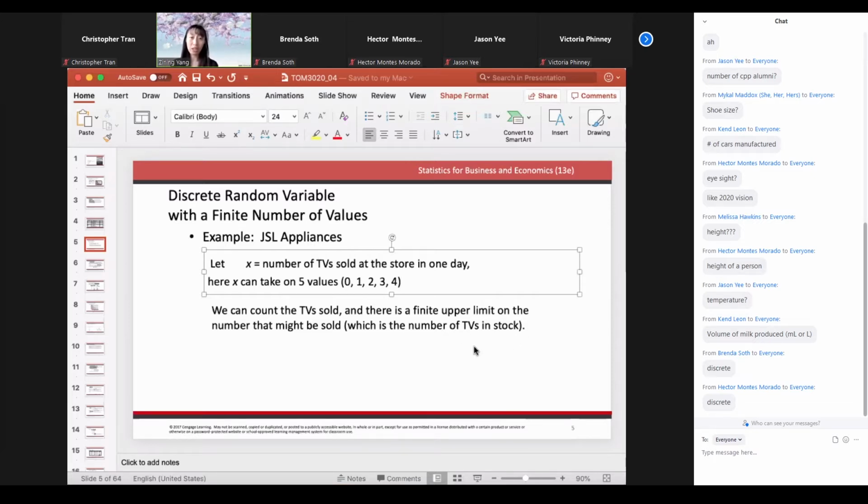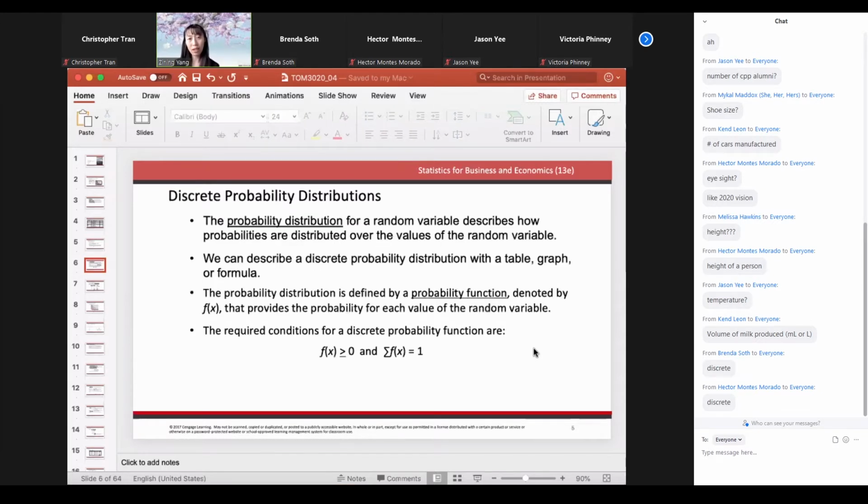And so those are just whole numbers. We can count the TVs sold, and then we can get to a probability distribution just based on that number. So this goes back to the concept of histogram. Remember at the beginning when we looked at customer invoices in the auto repair shop, right? How much does it cost? And then we see, okay, in the 50 to 59 range, there were only 2 invoices.